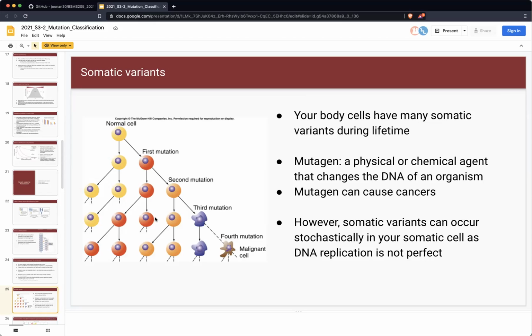But sometimes somatic cells have a totally crazy mutation and go out of control. These cells grow quickly and become a tumor, a cancer.